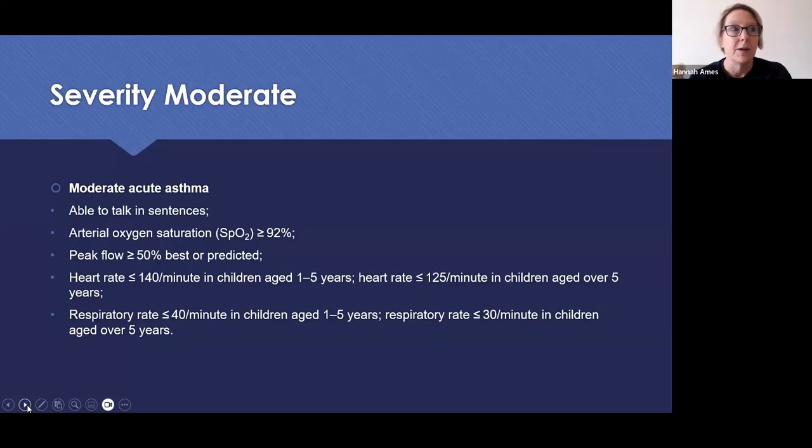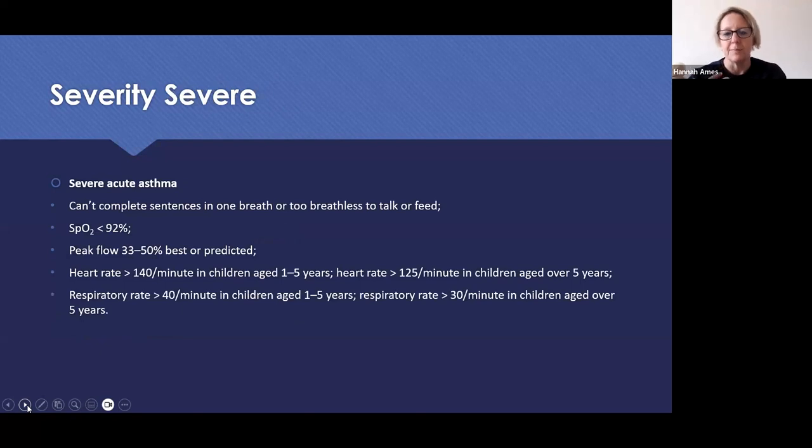So those are quite good things to be aware of when you're doing your OSCE assessment station. You'll get your observations. So, if your child is hitting these triggers, then you can be confident that you're identifying them as moderate asthma. Then you've also got severe. So this is when they can't complete sentences in one breath, or they're too breathless to talk or feed.